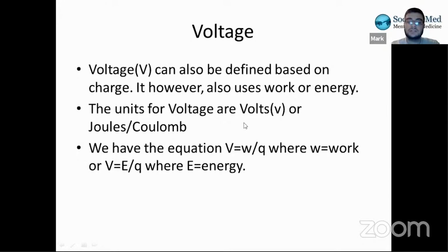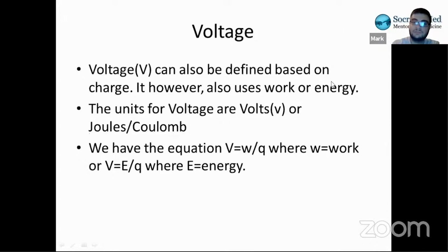Because of that, we have the equation voltage equals work over charge, or voltage equals energy over charge. Again, looking at the units, joules per coulomb means joules on the top, coulomb on the bottom. Coulomb is equal to charge. Joule is either work, which has units of joules, or some kind of energy.